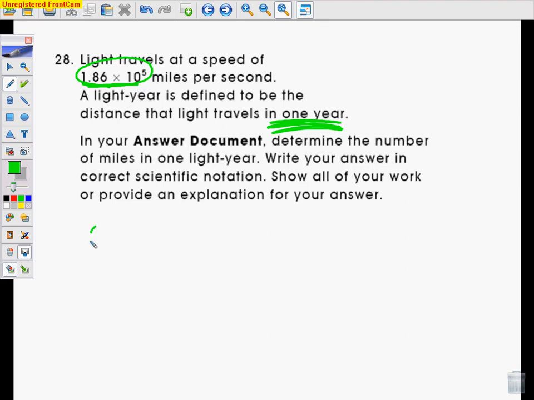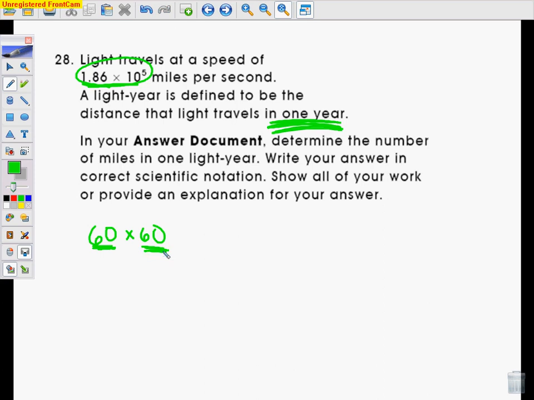Well, we know that there's 60. And how many minutes are in an hour? Well, we know that that's 60. So if we multiply these two together, we can find out how many seconds are in an hour. So far, there's 60 seconds in a minute. There's 60 minutes in an hour.